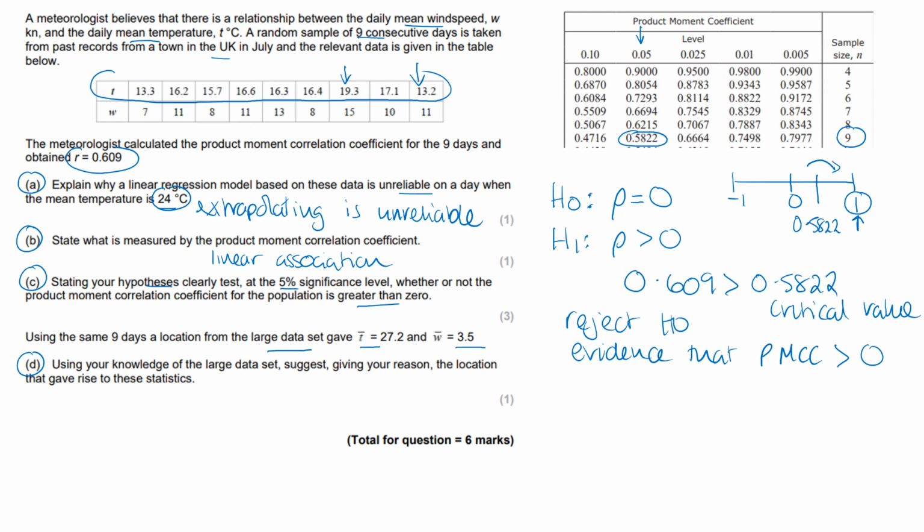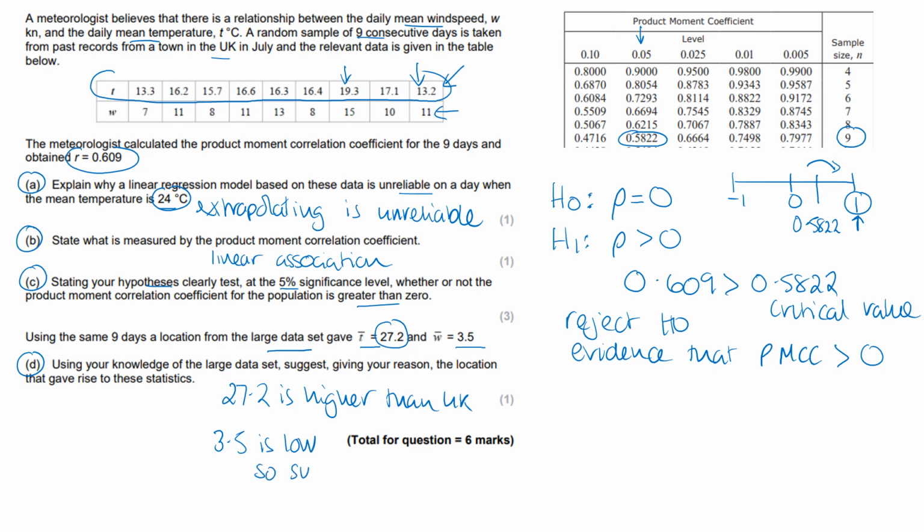So we can see the temperature range for this town in July goes, as we said before, between 13.2 and 19.3, and this temperature is much higher, so it's unlikely to be a place in the UK, and the wind speed is much lower. So the 27.2 is higher than the UK. So that's going to suggest it's somewhere abroad, and the 3.5 is low.